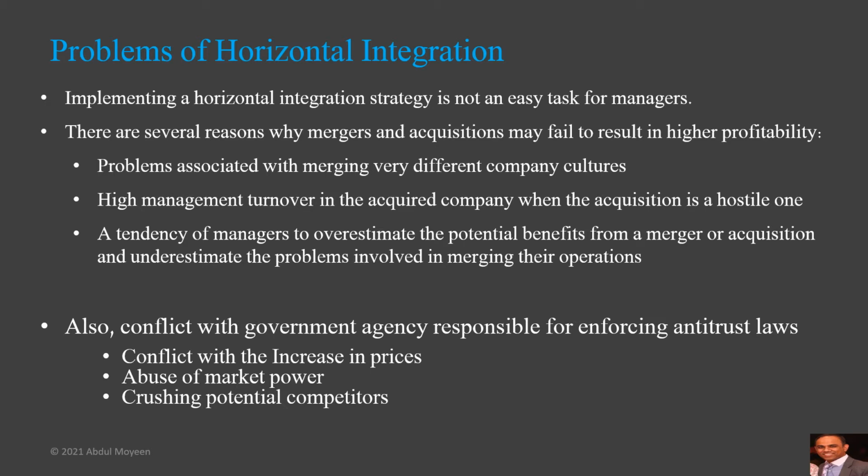In addition to that, when a company uses horizontal integration to become the dominant industry competitor and they further wish to grow, then the company comes into conflict with the government agencies who are responsible for enforcing antitrust laws.